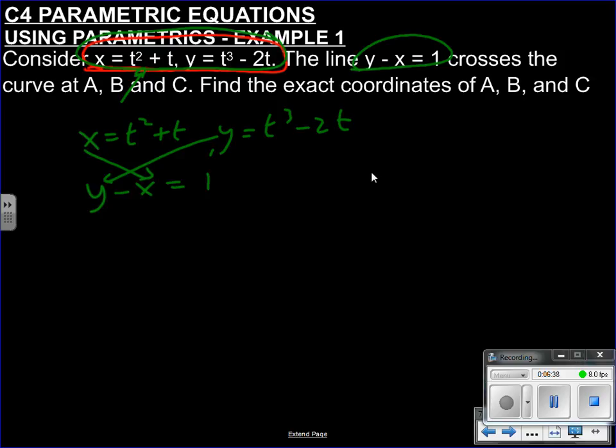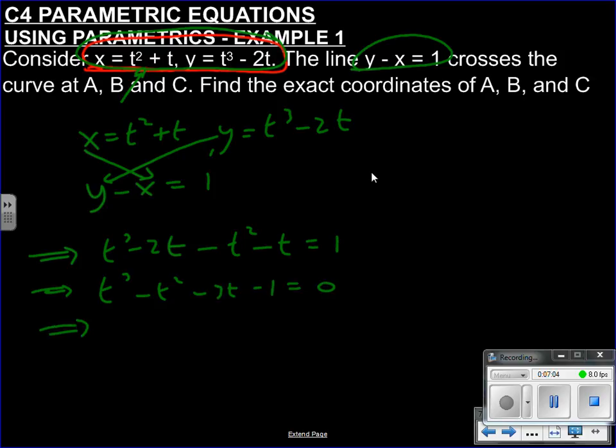So you can literally sub it in. y is t cubed take 2t, x is t squared plus t, so y minus x is 1. Now we have t cubed minus t squared minus 2t take t, so that's minus 3t, minus 1 is 0.